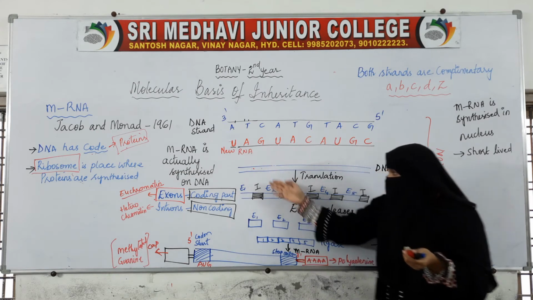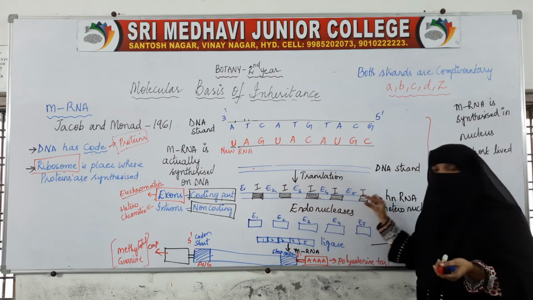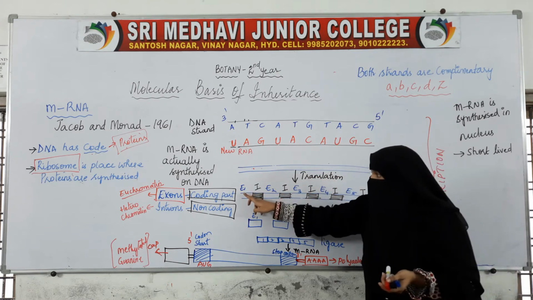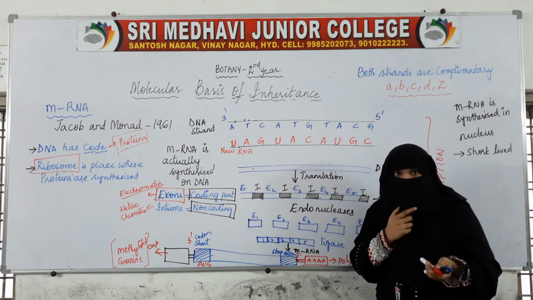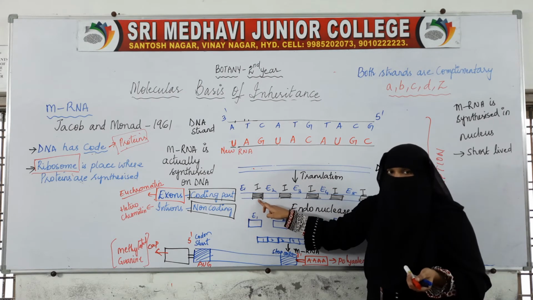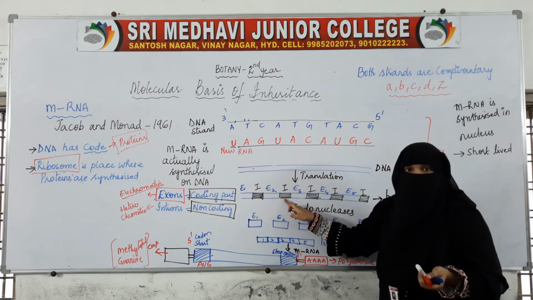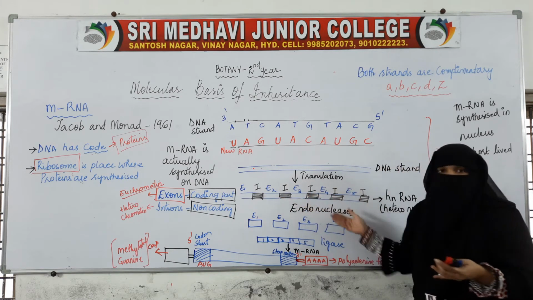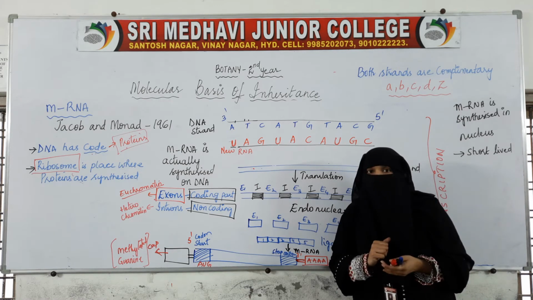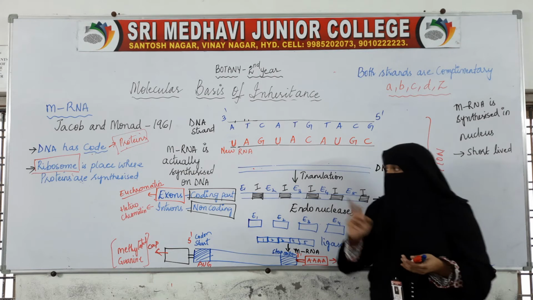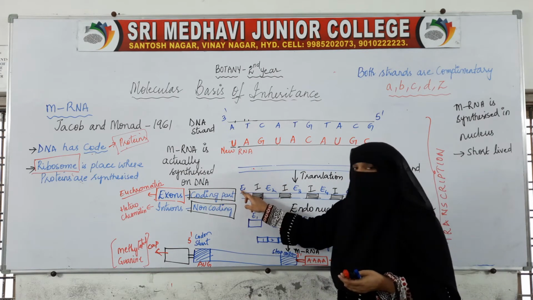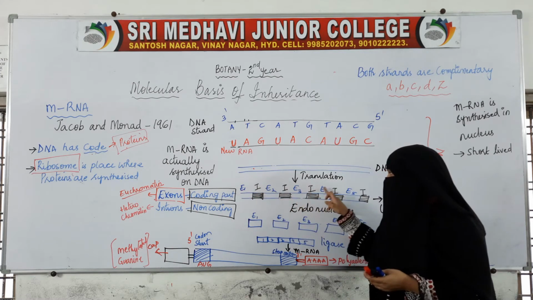Here, a new RNA strand has been made. This strand will also have coding and non-coding parts. The coding part is called exon. I have written E1, E2, E3, E4, E5 to memorize easily.